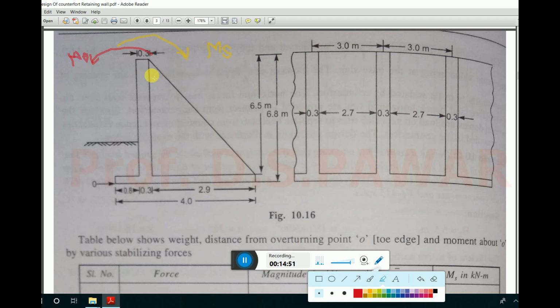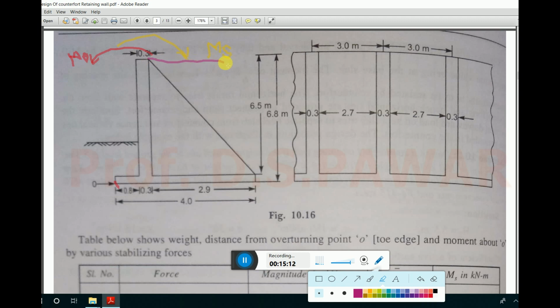We are going to calculate the moment at point O, the stability moment. So we have to consider the unit weight of soil which acts on this heel slab.